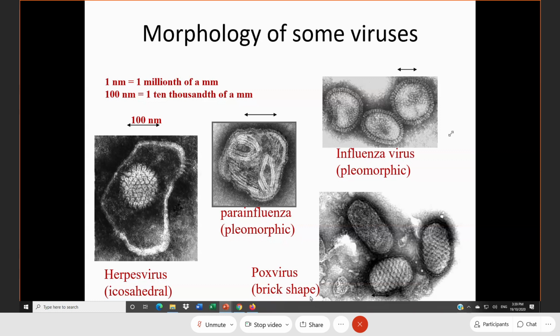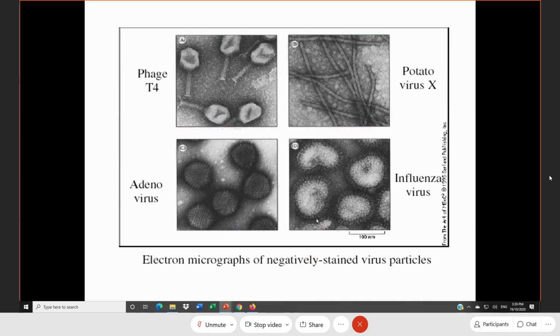They call it brick-like shape. Even though they say brick, to me it looks more like a pineapple. But this is what they describe in the textbook, brick-like shape. So it's a phage virus, adenovirus, influenza, potato virus, whatever.